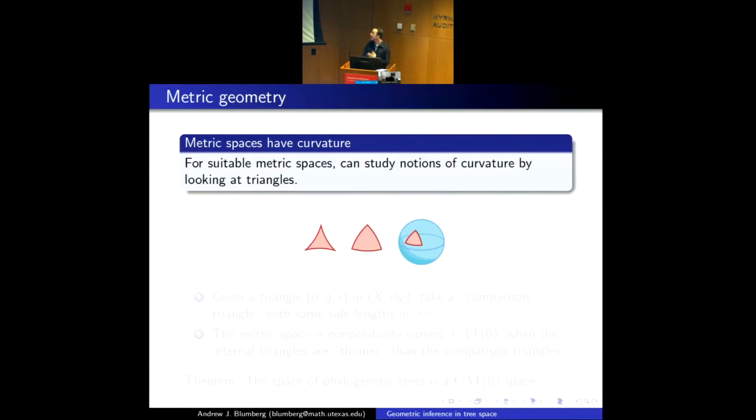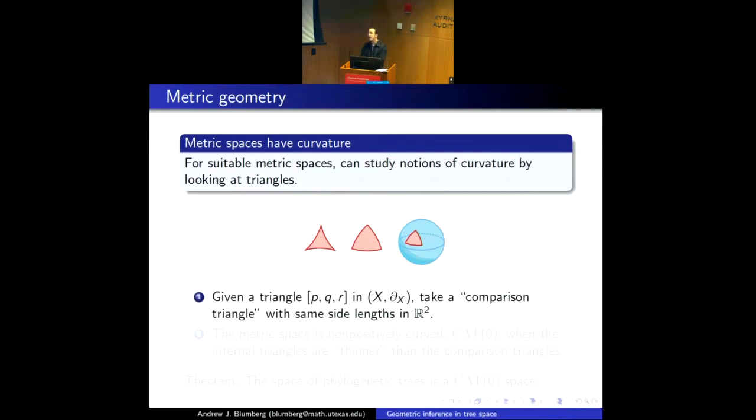So the idea for thinking about the geometry of a metric space is to think about what triangles look like. If you have 3 vertices, you have 3 line segments, you can take a comparison triangle in Euclidean space, and ask, is the triangle in your metric space skinnier or fatter than you would expect in Euclidean space?